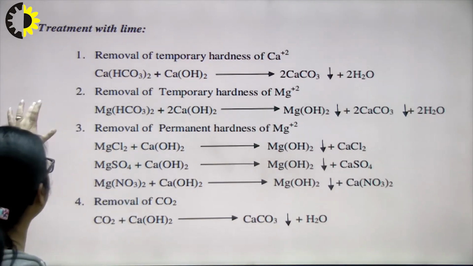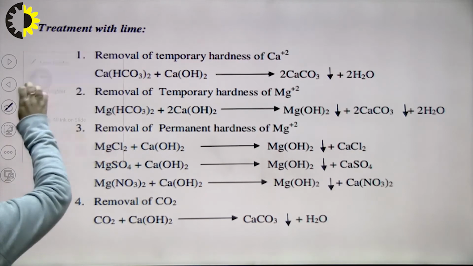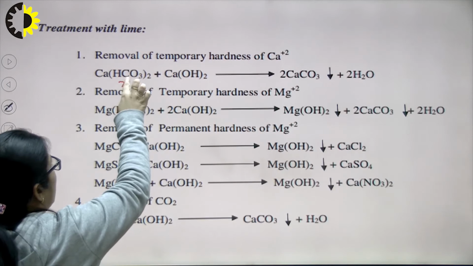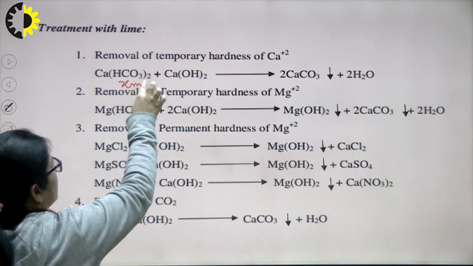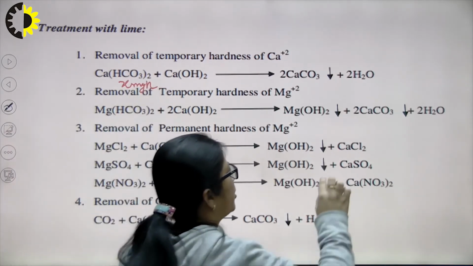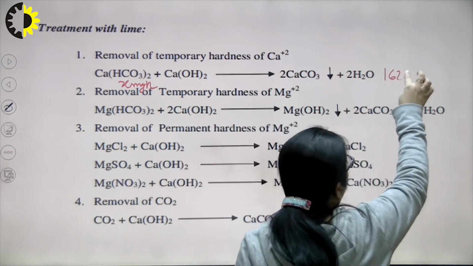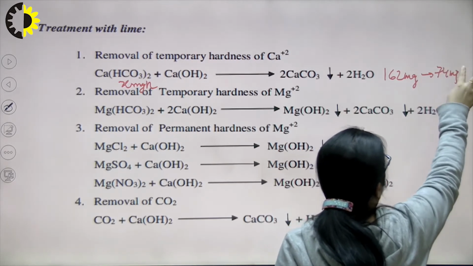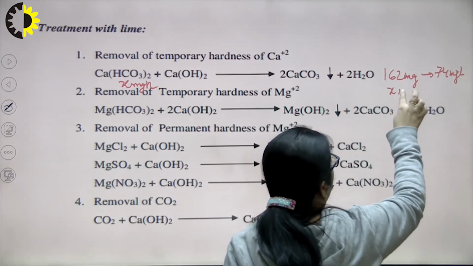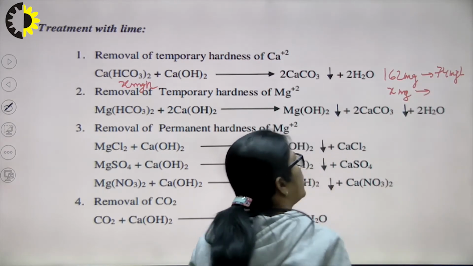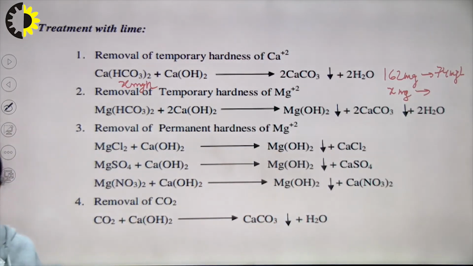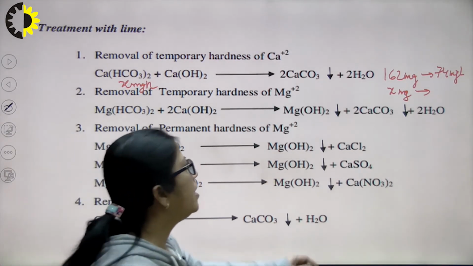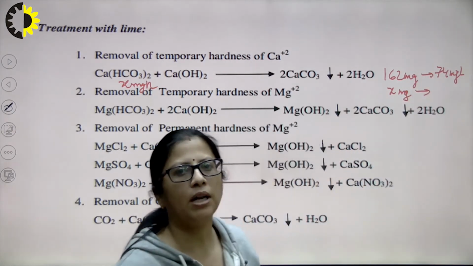And if in water this calcium bicarbonate is present in X milligram per liter, then according to this equation, 162 milligrams requires 74 milligrams of lime. So X milligram will require how much lime? So we can calculate the amount of lime required by calcium bicarbonate. X will require X into 74 divided by 162.